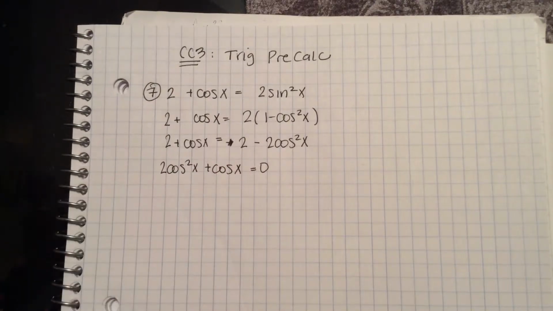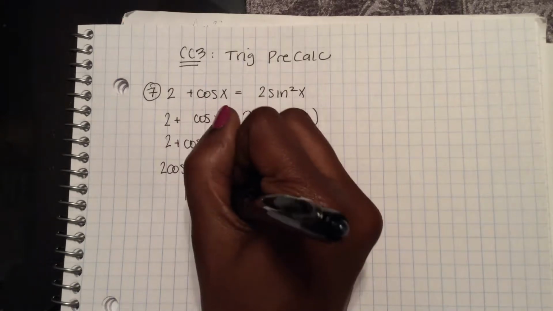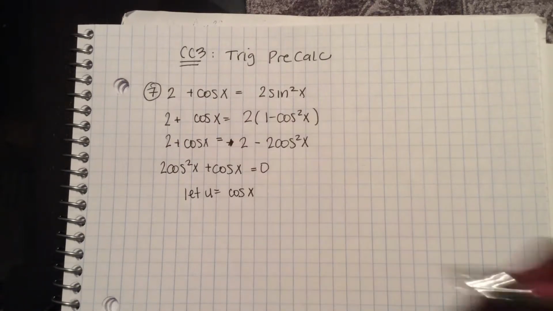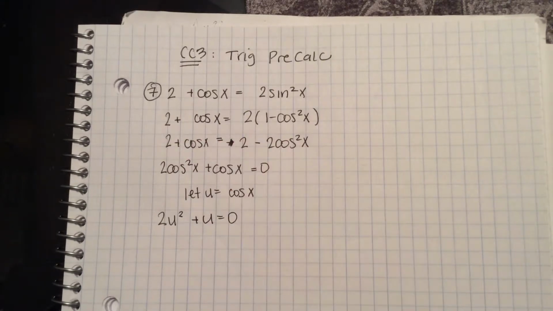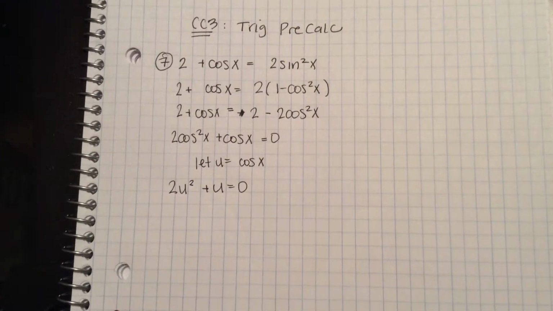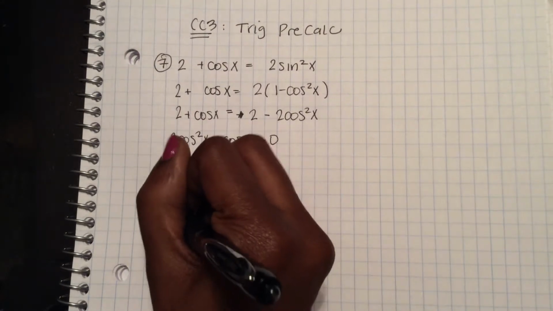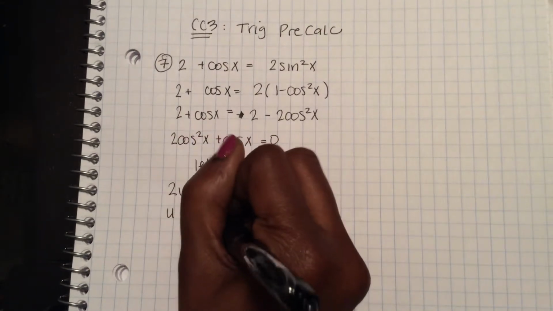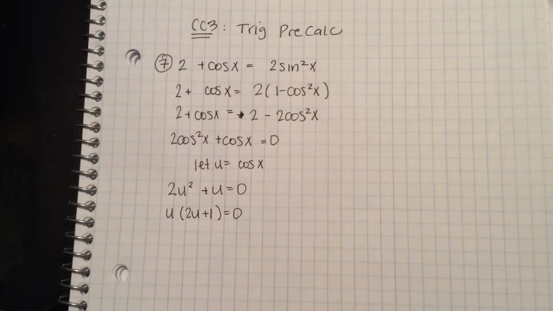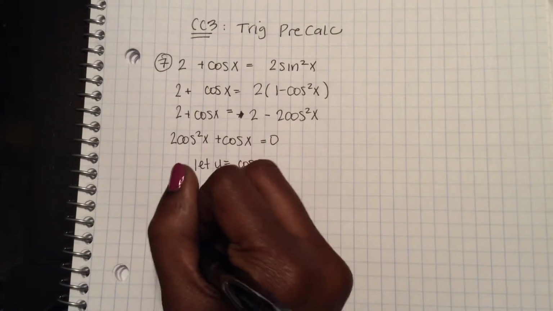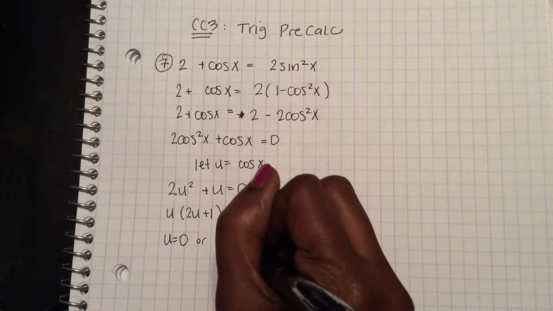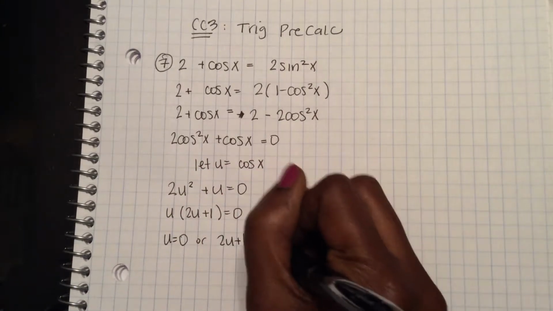It might be hard to see based on the cosines, so I'm going to let u equal cosine x. So now I have 2u squared plus u equals 0. Much easier to play with. I'm going to factor out a GCF of u, and that leaves u times 2u plus 1 equals 0. u equals 0 or 2u plus 1 equals 0.